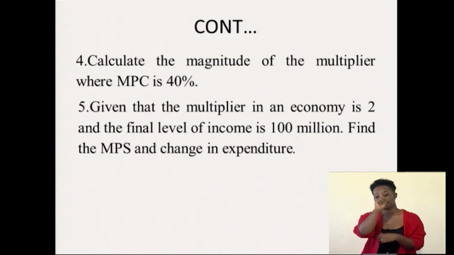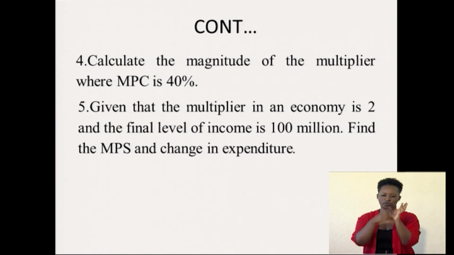The fourth question, calculate the magnitude of the multiplier where MPC is 40%. And the last question, given that the multiplier in an economy is 2, and the final level of income is 100 million, find the marginal propensity to consume and the change in expenditure. I want you to do the rest of the questions as homework.